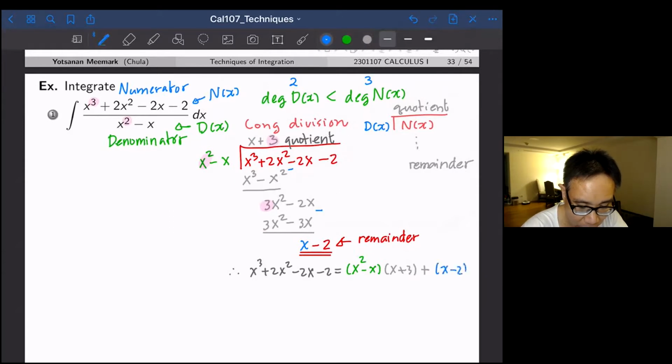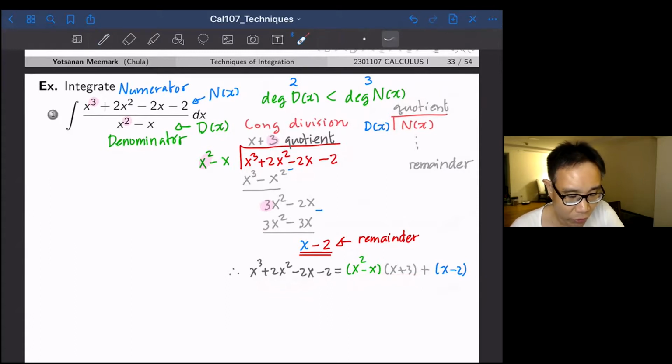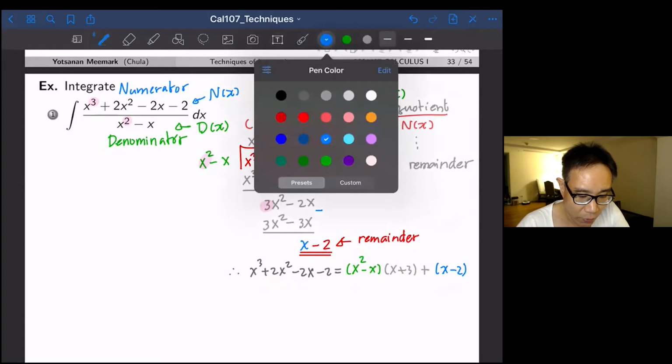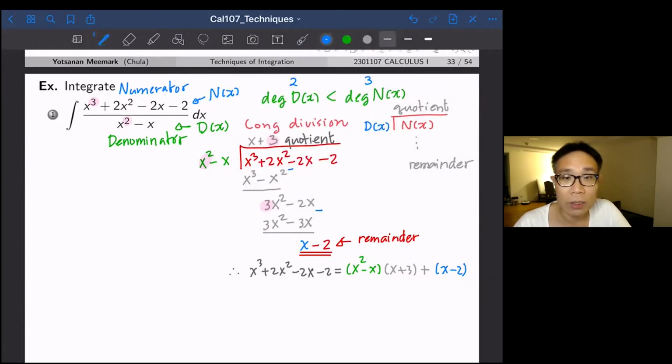So we interpret this as x cubed plus 2x squared minus 2x minus 2 over x squared minus x equals x plus 3 plus x minus 2 over x squared minus x, dividing the whole thing by the divisor x squared minus x.